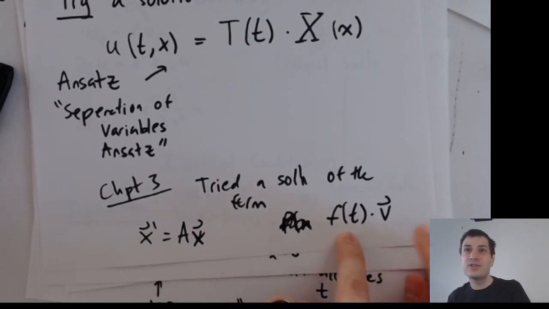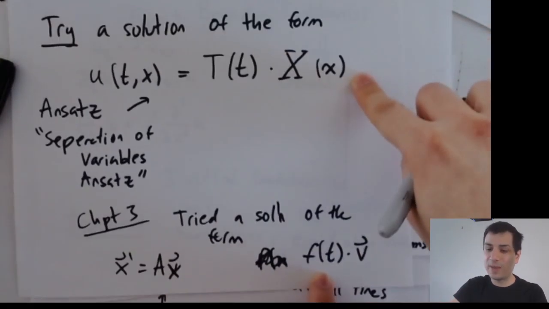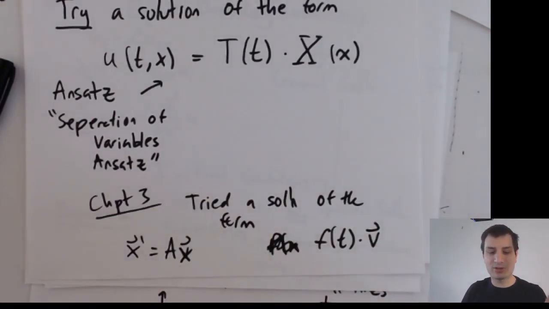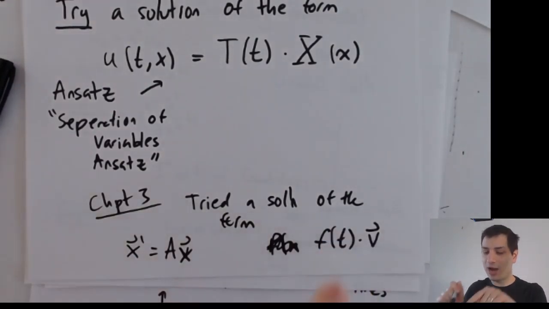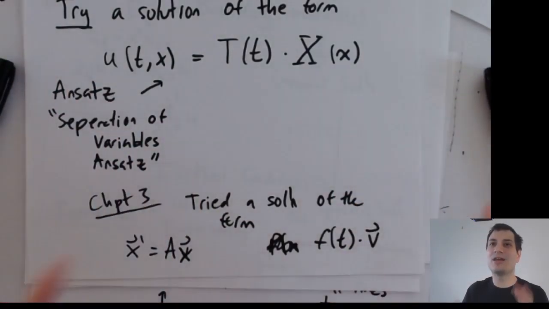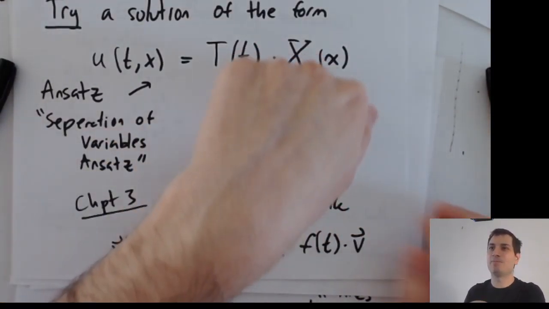We tried a function of time times a fixed vector. And the fixed vector is sort of like a function of space. So it's really the same exact ansatz we did in chapter 3 or chapter 4 a long time ago. If you remember that class where we tried something like this, we figured out what had to happen. We're doing the same exact thing again. So nothing really completely new here. We're just combining old ideas in the course in this new funny PDE space.